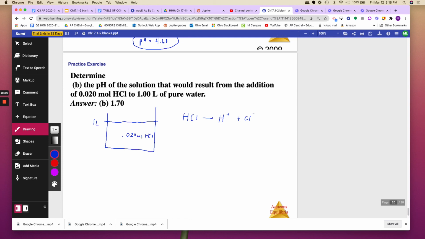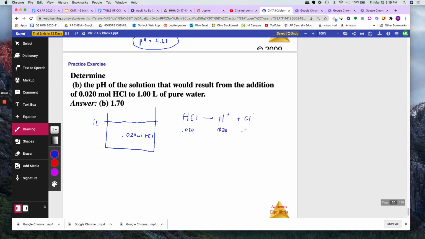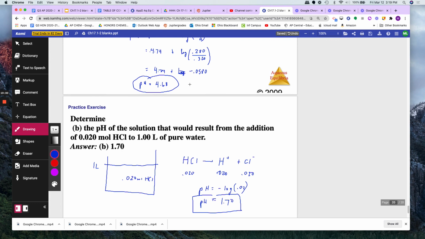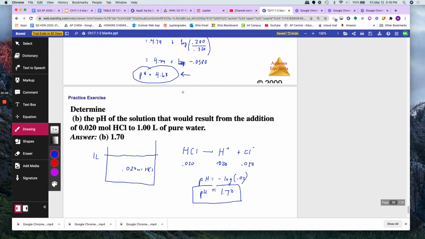So this is 0.020 moles, so for every 1 liter, it's just 0.020 molar. The pH will be negative log of the H plus, which is 0.02 molar, which is equal to 1.70. So if you add the same thing just to plain water, your pH drops to 1.7, but because you had a buffer, it stays where it was at 4.68.